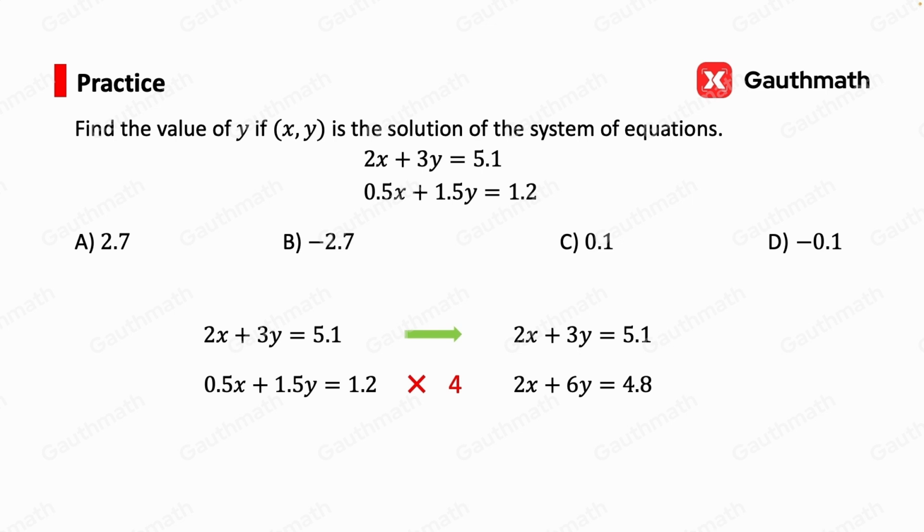And when we subtract the second equation from equation 1, remember subtraction here, no more x left. 3y minus 6y is negative 3y. 5.1 minus 4.8 is 0.3. So y equals negative 0.1. D is the correct answer.